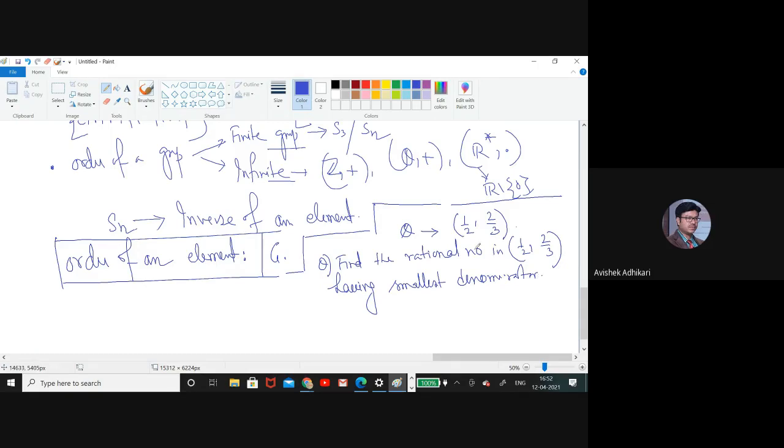You need to find some rational number within this interval. Mind that this is an open interval. A rational number must be of the form p by q, where p, q are integers, q not equal to 0. What you need to find is the rational number whose denominator is minimum. Can you quickly tell me what would be the answer? Is the question clear? Find the rational number in half and 2 by 3 having the smallest denominator.